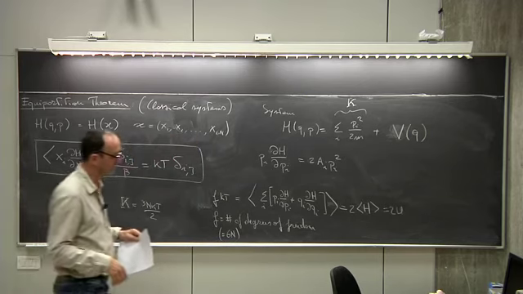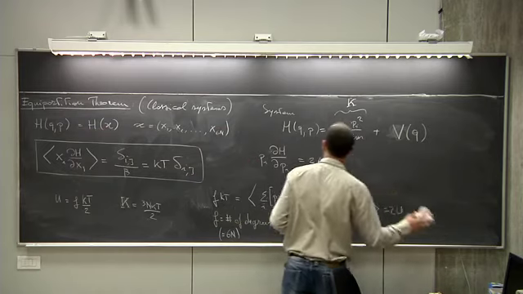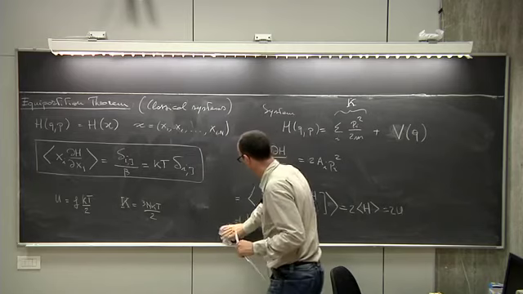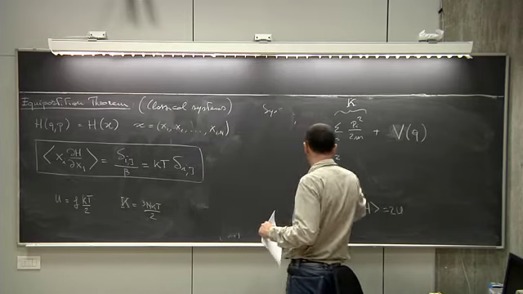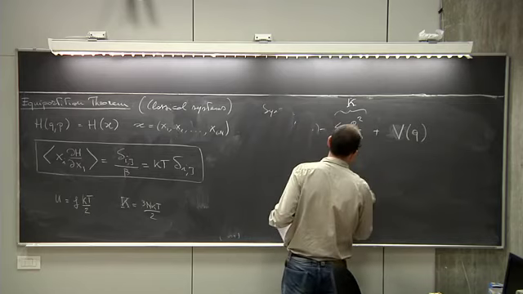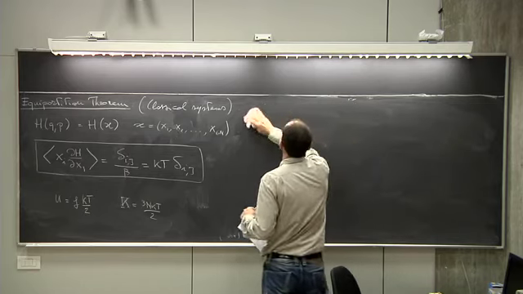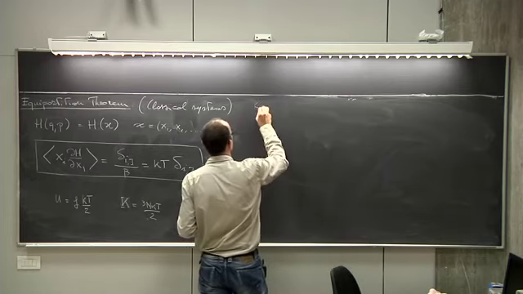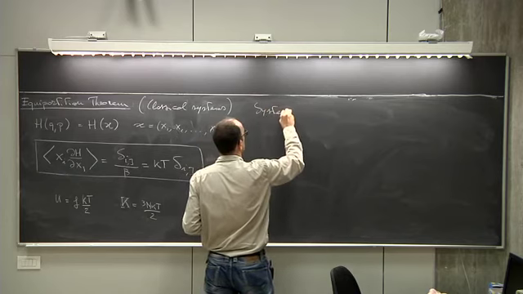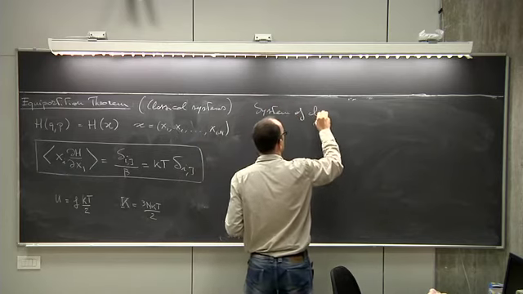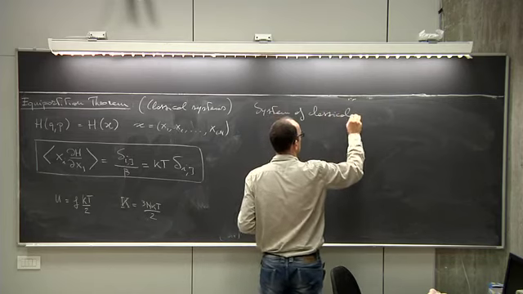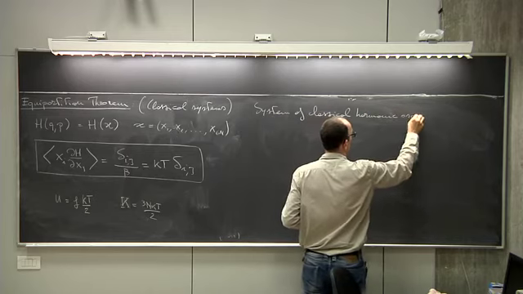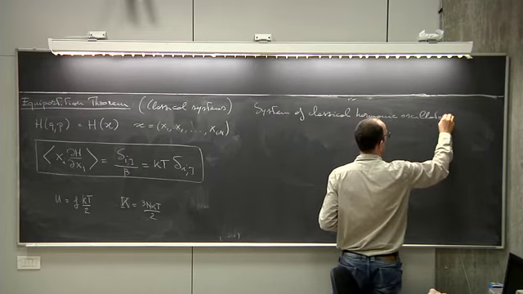So as an example, what we will do next time, an example of a system for which we can apply this theorem is the classical harmonic oscillator, or a system of classical harmonic oscillators.